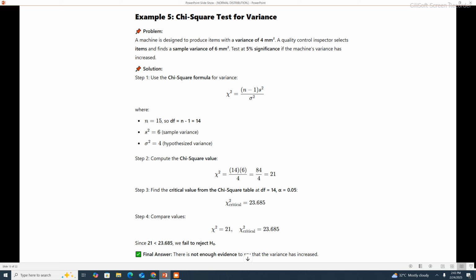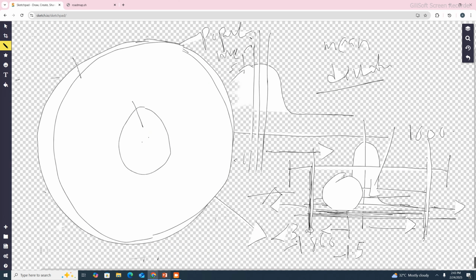Now when we go to the chi-square table, the degree of freedom is n minus 1, which is 14. So you see this degree of freedom and the significant level. Before I bring the table, so that you understand what we are doing, the table is like this. It has rows and columns. The degree of freedom will be down here and the significant level will be here.